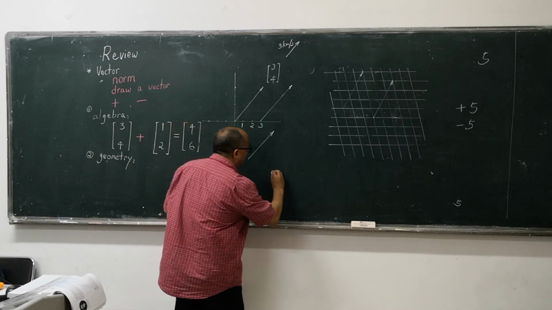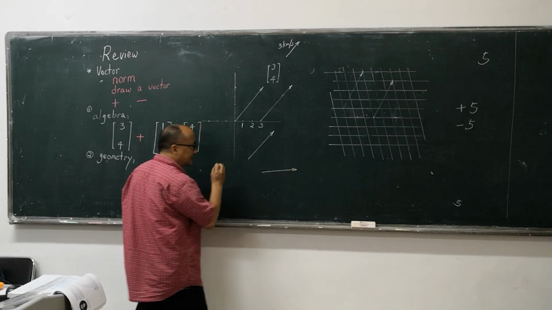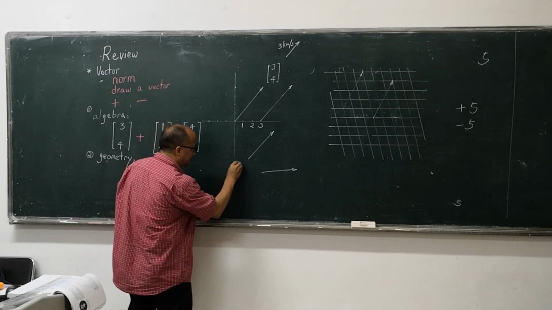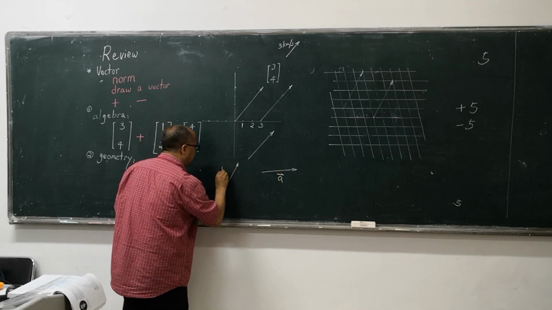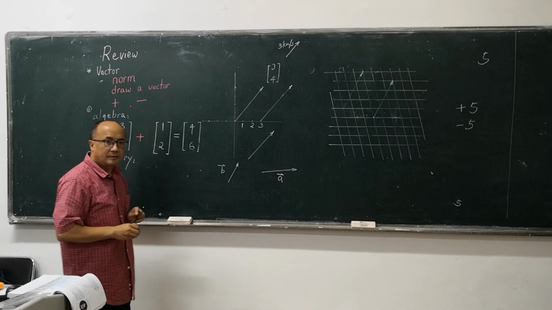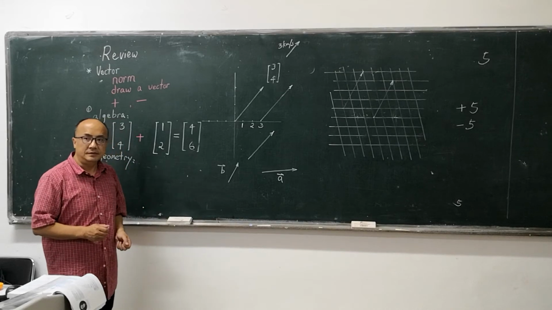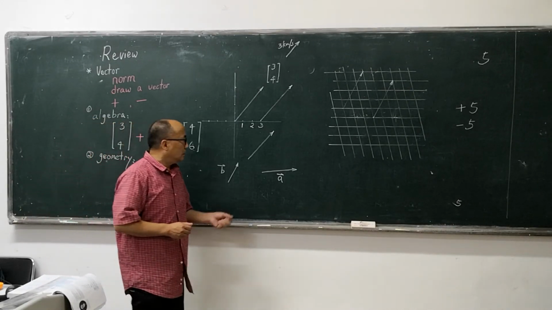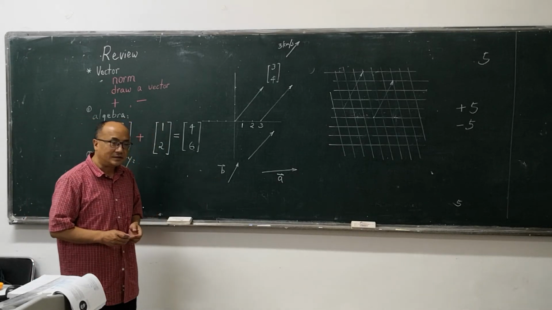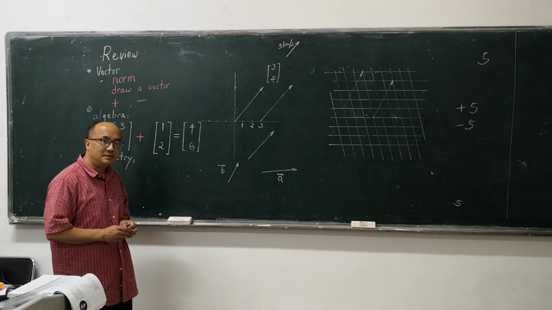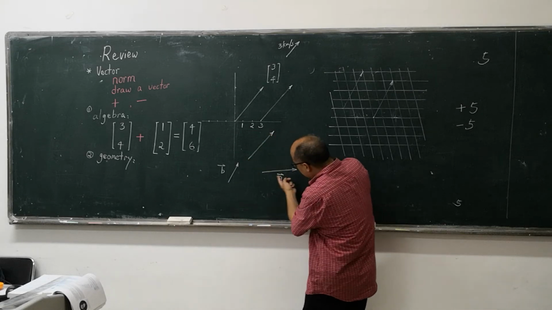If the first vector is this, and the second vector is that, let's say this is A and this is B. And A plus B is what?